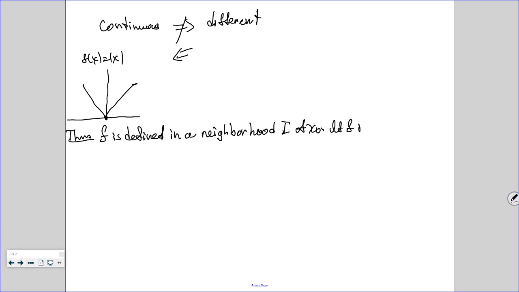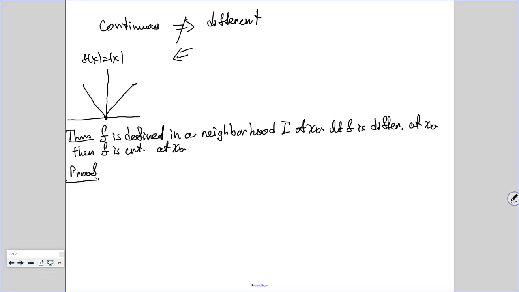If f is differentiable at x0, then f is continuous at x0. Now the proof.